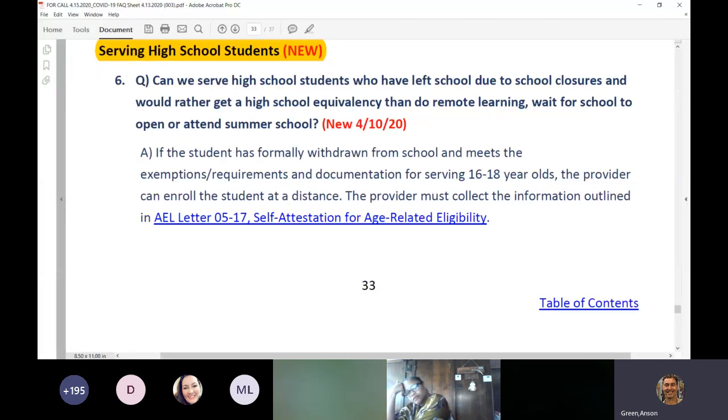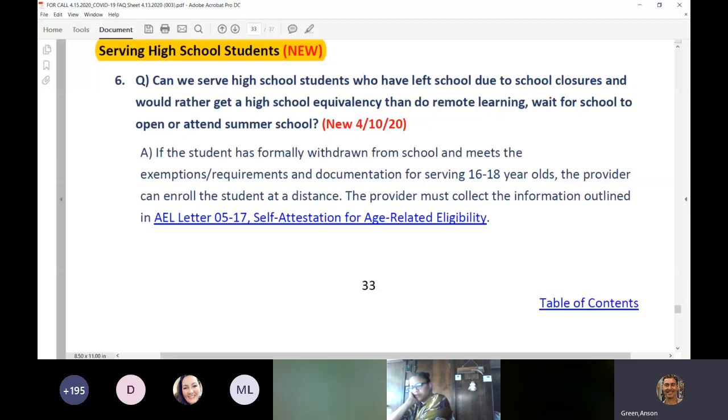So if I was a college or school district thinking we're not going to open this summer, but other people might open up, like my local workforce board, a community-based partner, or a library, I might start thinking about how I could do testing not on my campus, but somewhere else that is open.